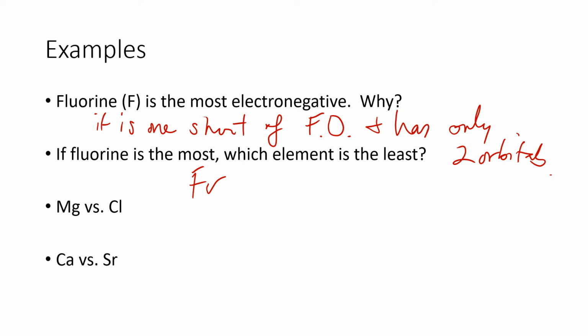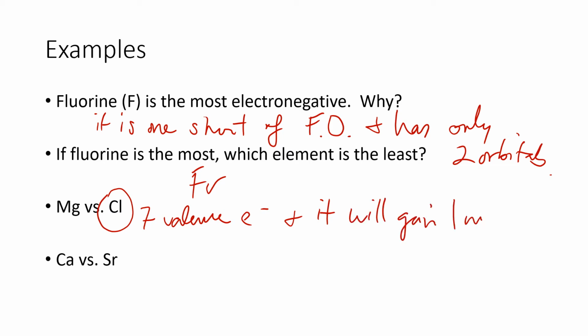So magnesium versus chlorine and potassium versus strontium. Which ones are more electronegative? Chlorine is more electronegative because it has 7 valence electrons and it will gain 1 more to make a full octet, while magnesium has 2 valence electrons.